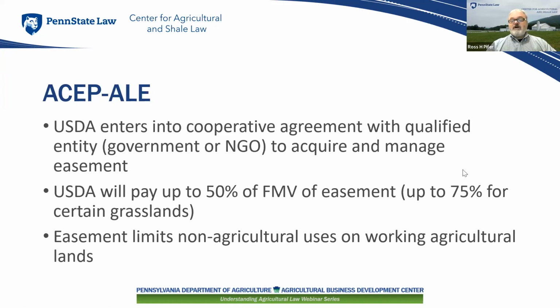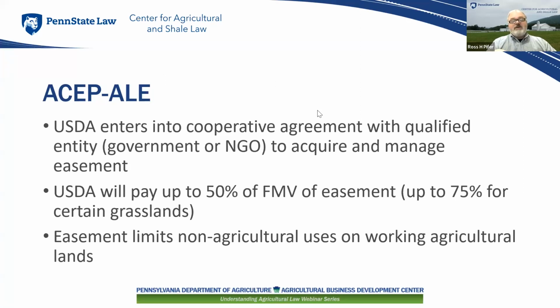They generally will provide up to 50% of the fair market value, sometimes more for certain lands. And just as these conservation easements generally do, they limit the non-agricultural activities on that land.